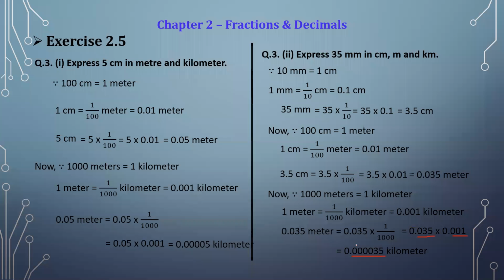You can count them: 1, 2, 3, 4, 5, 6. Therefore the final answer is 0.000035 kilometer, which is the final conversion of 35 millimeter into centimeter, meter, as well as kilometer. In this way we can convert distances by using the conversion.